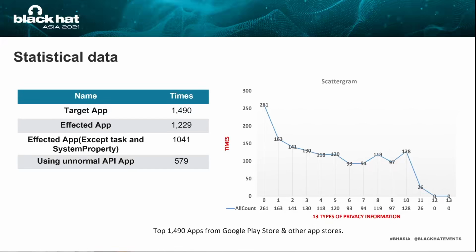The figure on the right shows how many application calls were made for each of the 13 types of privacy information.